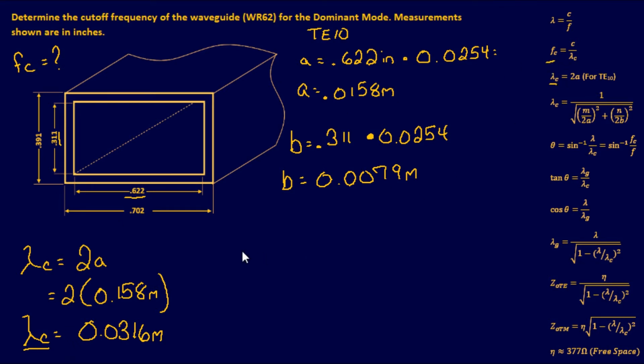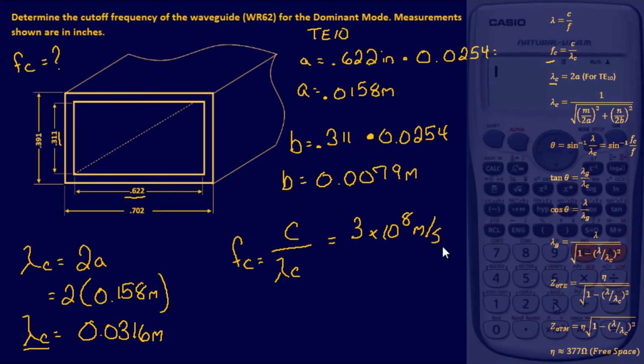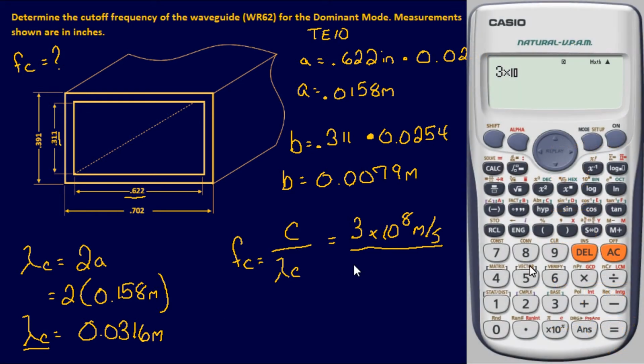Now that we have the cutoff wavelength, we can go ahead and use this equation right here and find the cutoff frequency. So cutoff frequency equals the speed of light over your cutoff wavelength. Speed of light is going to equal 3 times 10 to the 8 meters per second. That's going to be over your cutoff wavelength of 0.0316 meters. And that's a simple plug and chug on your calculator.